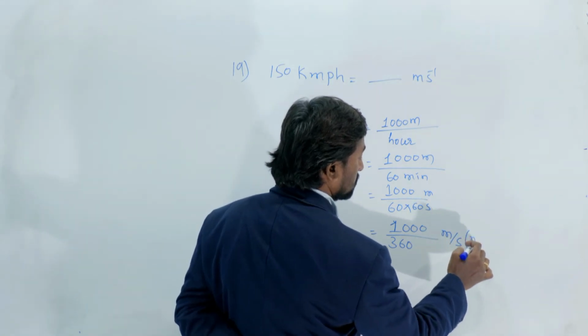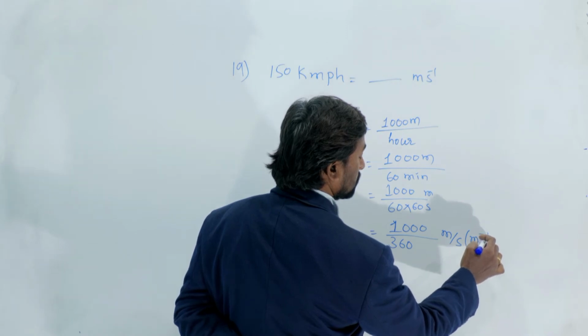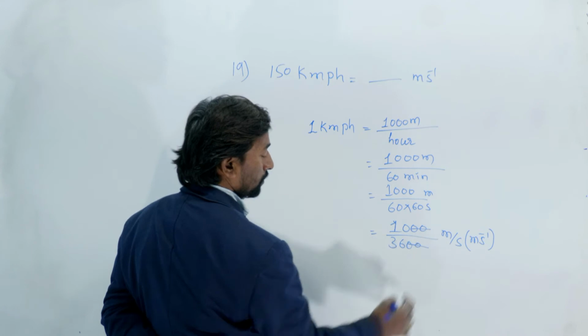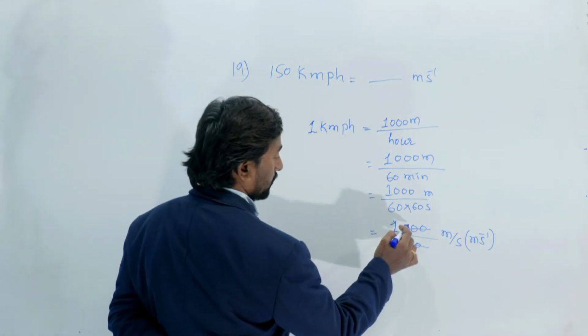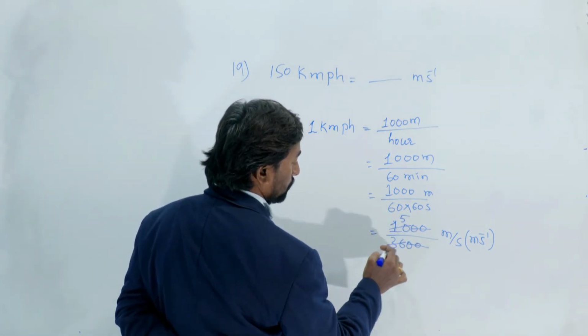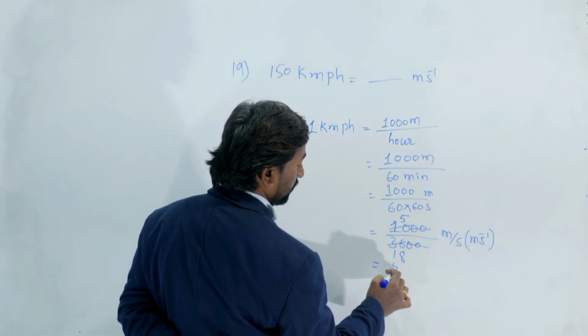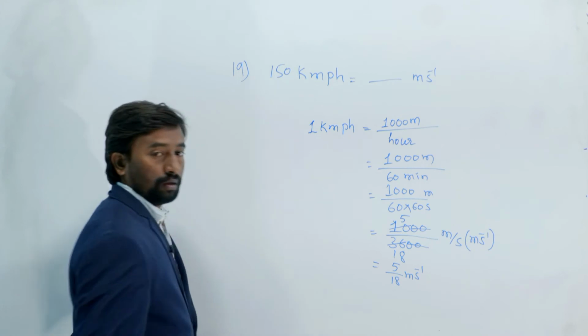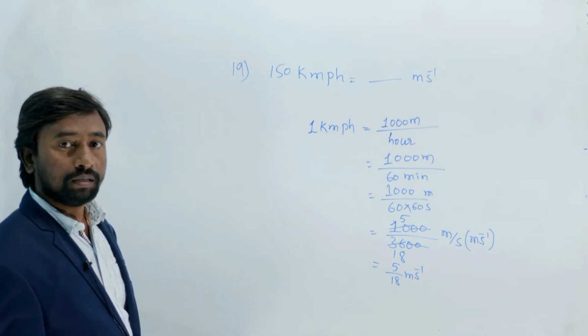This is also written as meter second inverse. Now these two zeros will be cancelled. How much will remain? 2 5s are 10, 2 18s are 36, so we'll get 5 by 18 meter per second.